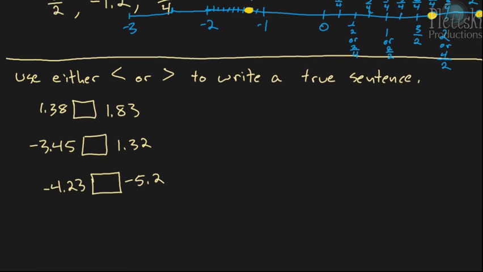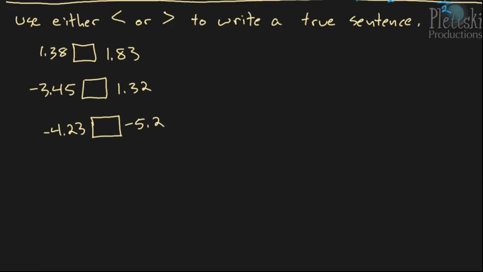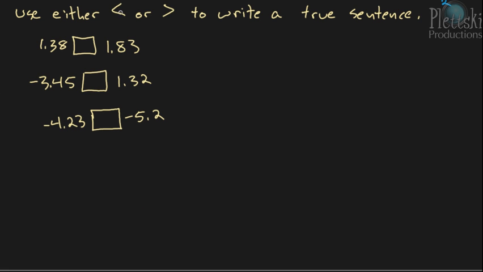So in this next part, we want to use either less than or greater than to write a true sentence. Let's compare these. 1.38, so 1 and 38/100ths, compared to 1 and 83/100ths.